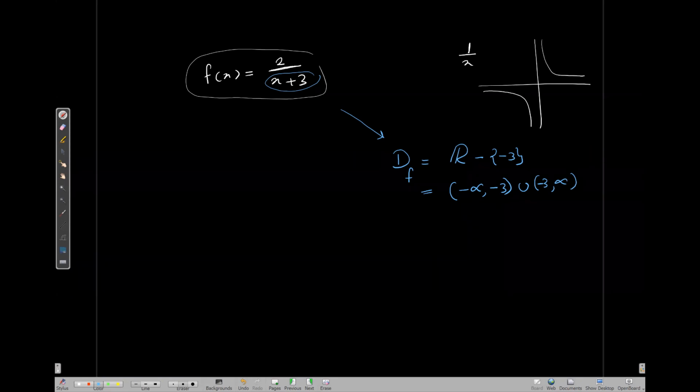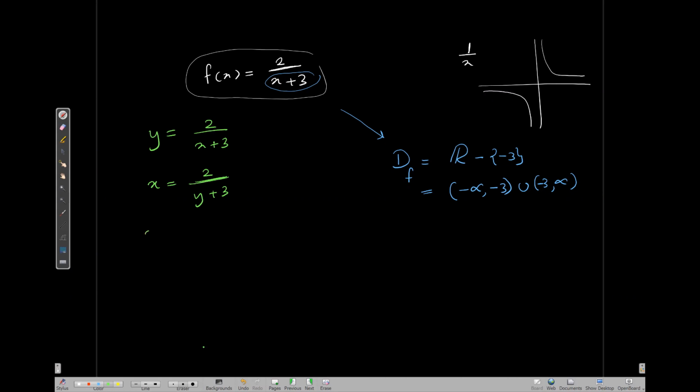Now let's use our steps. Set y equal to this, and then interchange x and y. Now solve for y, and you have to be careful here. What I would do is cross multiply.